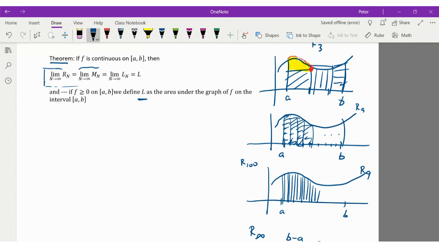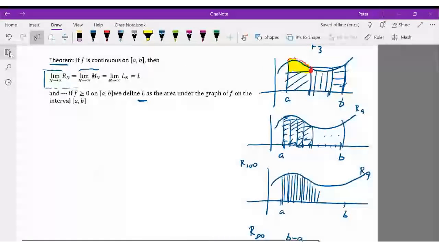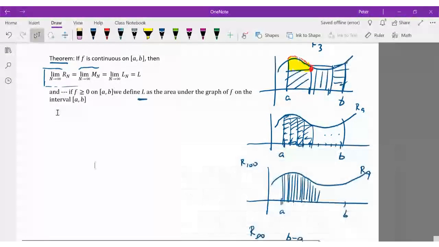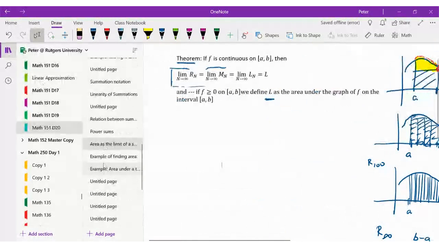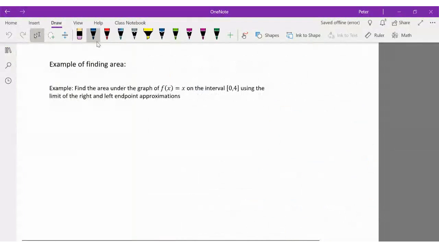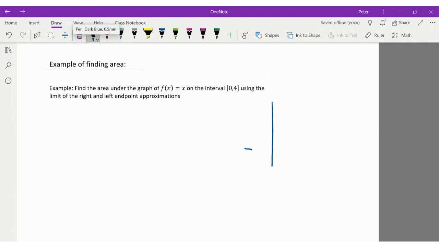How would we use that to define area? Let's just do a really simple example. Let's find the area under the graph of f of x equals x on the interval 0, 4. First, let's be clear on what I'm drawing here.